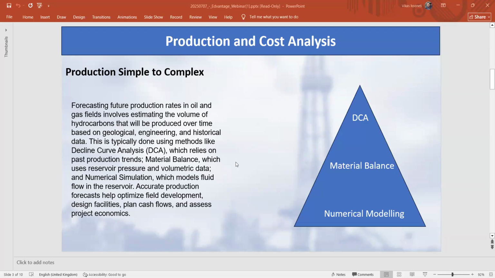No, the purpose of having this production is how would this production play a role in terms of your cost analysis, right? So now imagine your well is declining. Fine, you know the well is declining, but at what rate is it declining? Is it rapidly declining, or is it declining, let's say, not very rapidly? So you need to understand that, right? So you need to understand what is a critical area.